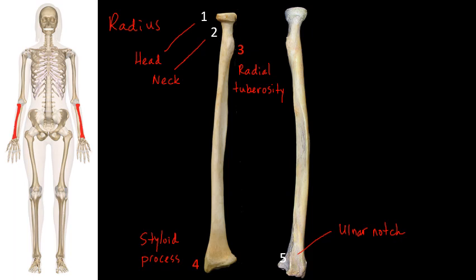Now I have two of these highlighted in red because they do help us identify the side of this bone. So the rule is, if we're looking at the radial tuberosity, so that's one of the things that we want to identify for figuring out what side of a bone. Are we looking at a right radius or are we looking at a left radius? I'm going to take a look at that radial tuberosity.